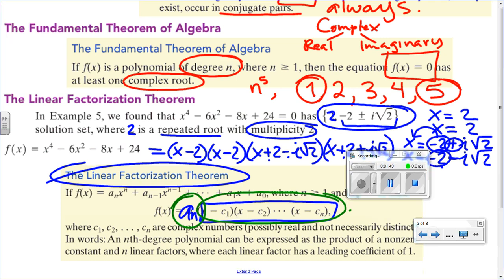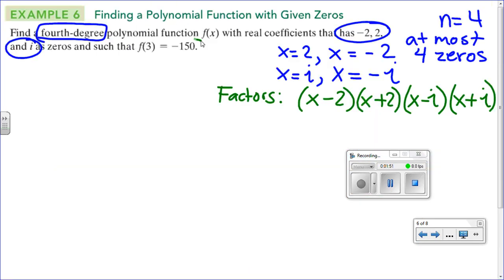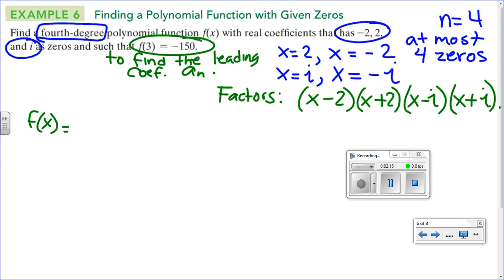So that's what we need this information for, to find the leading coefficient, which we refer to as a sub n. So far, based on the linear factorization theorem, our polynomial of 4th degree is a sub n times the factors that we have found.